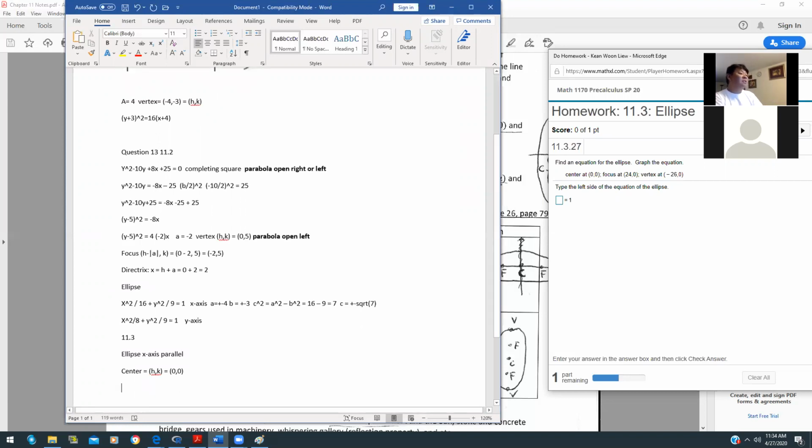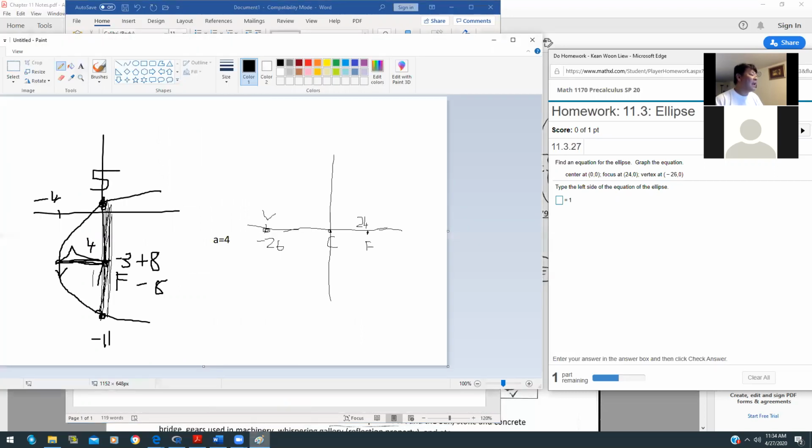Now the question needs us to find A and B. So what are A and B? A is the distance from your center to your vertices. B is the center to the upper part here. And C is the center to the foci.